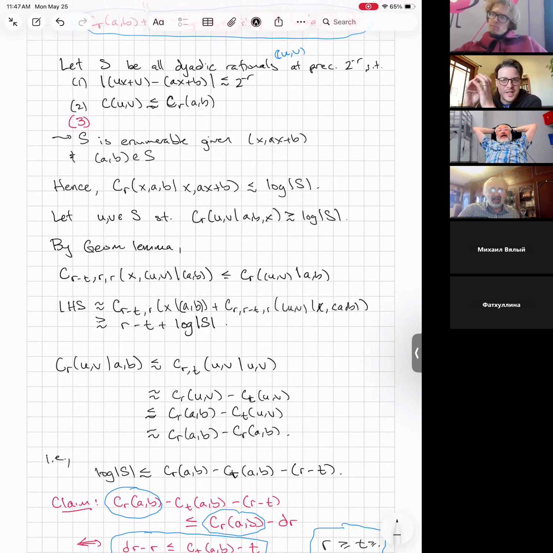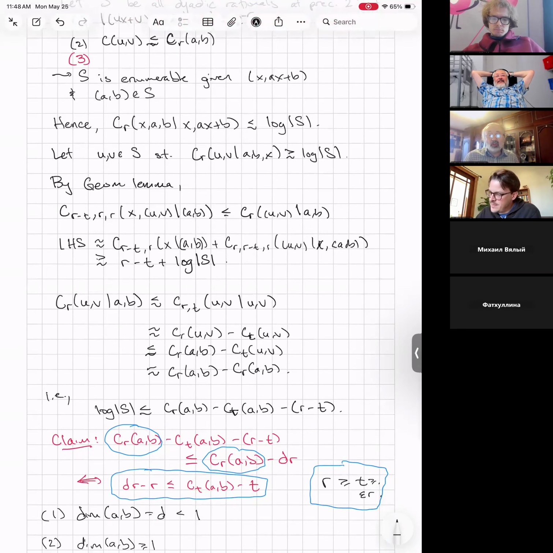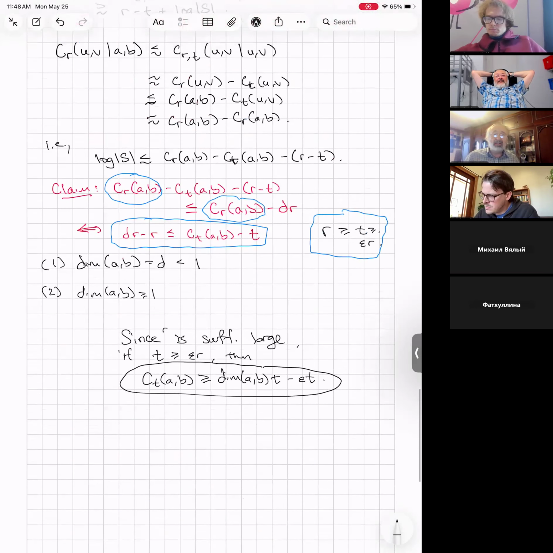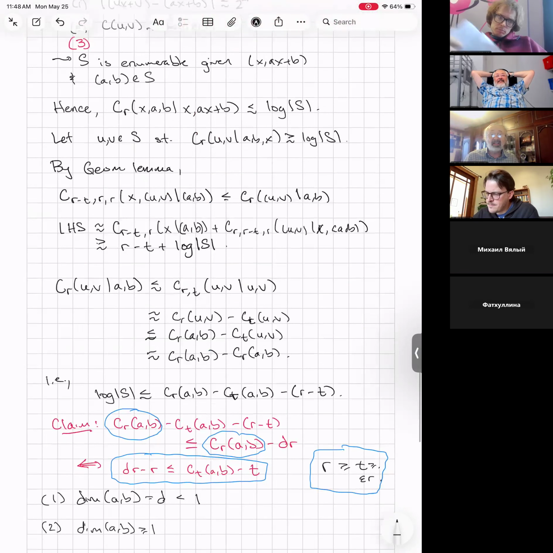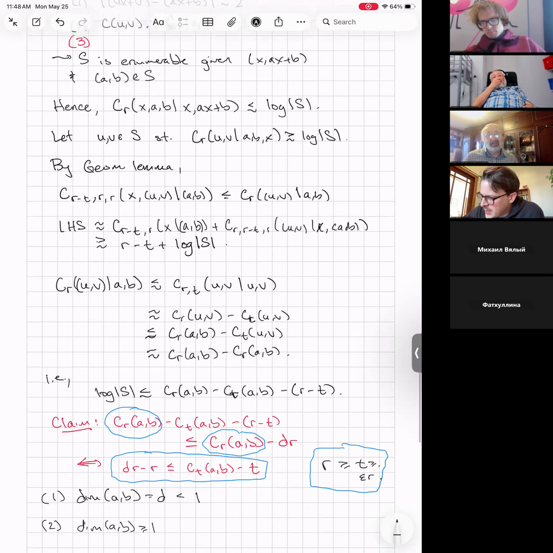I think about AB as a tuple, so R is applied to AB and R minus T to X. I'm sorry, my computer died. Then to verify everything here, we need to add these indices, these subscripts, to the string they belong to. Otherwise, it's not clear how to use this symmetry of information. Let me add the parentheses.